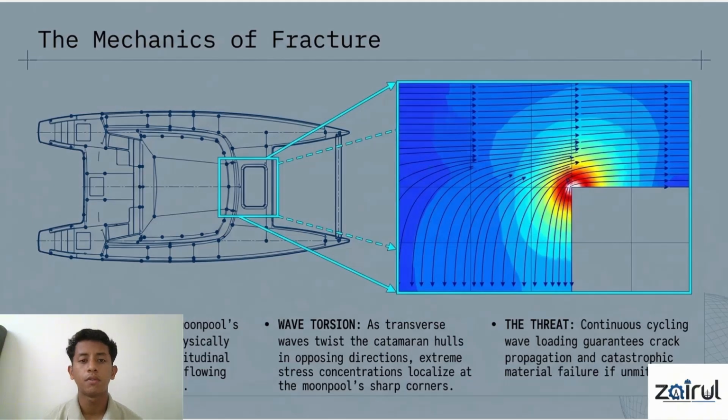So we start to use finite element analysis. This method will help us to predict these high stress regions before physical manufacturing begins. So we will run the finite element analysis before we take the boat to the real environment.